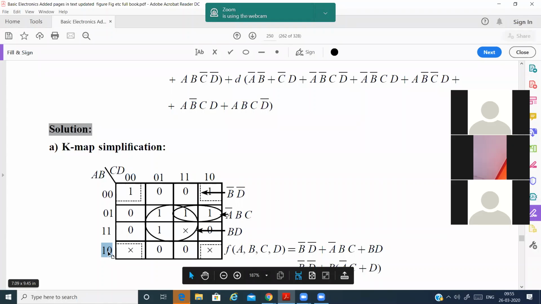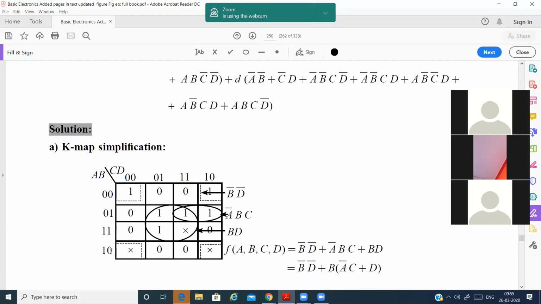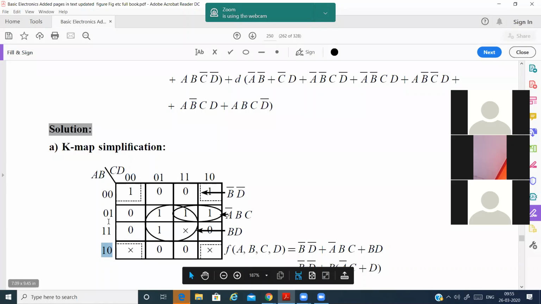Which position is that? B. B is common for both, and whether it is 1 or 0, 0 always indicates complement. That's why I have written it as B bar. Since B is 0 here and B is 0 here also, I'm taking B bar.